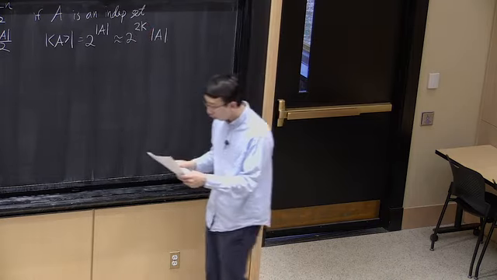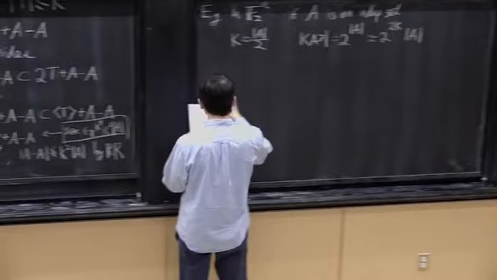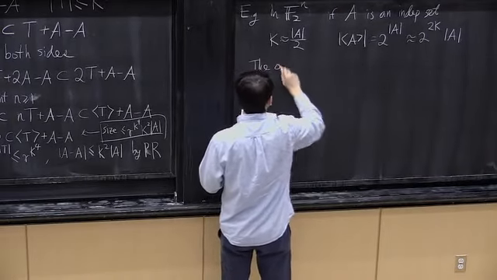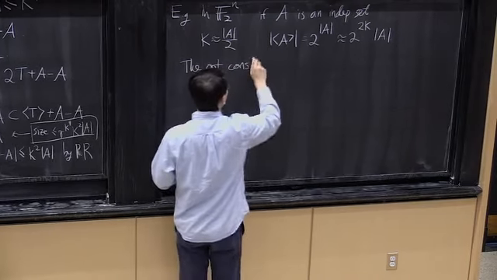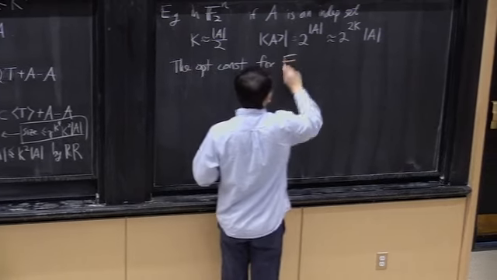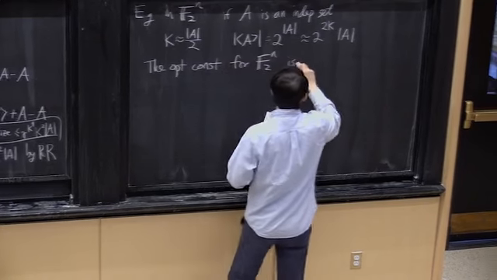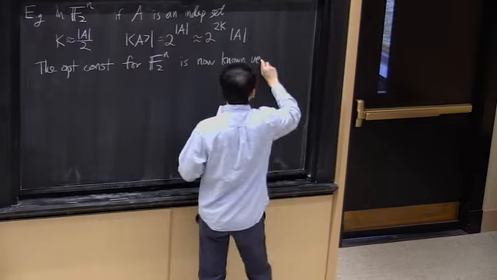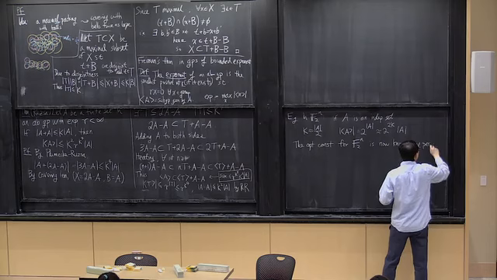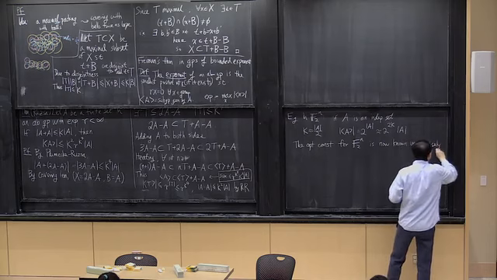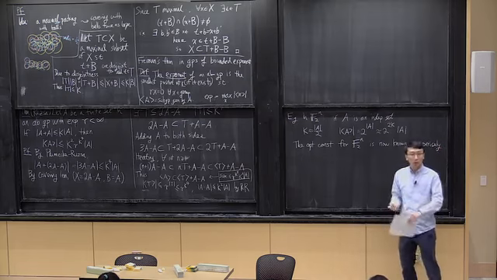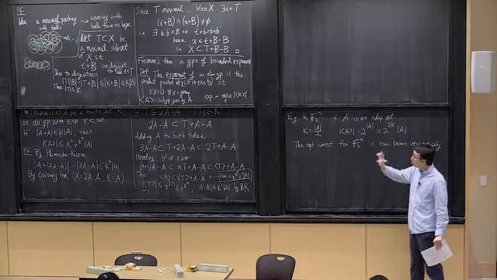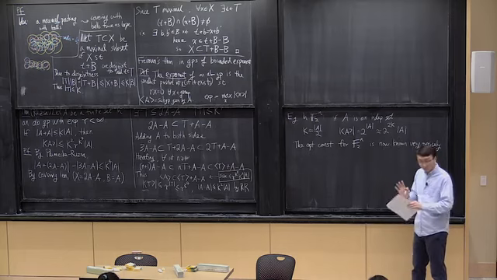And it turns out that's more or less correct. So, the optimal constant for F2 to the n is now known very precisely. As in, if you give me a real value of k, then I can tell you, there are some recent results that tell you exactly what is the optimal constant you can put in front of the A. So very precisely.